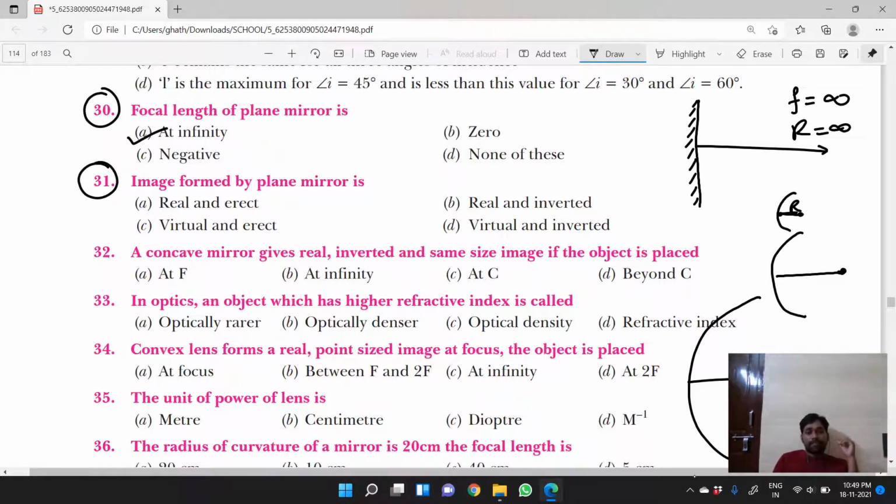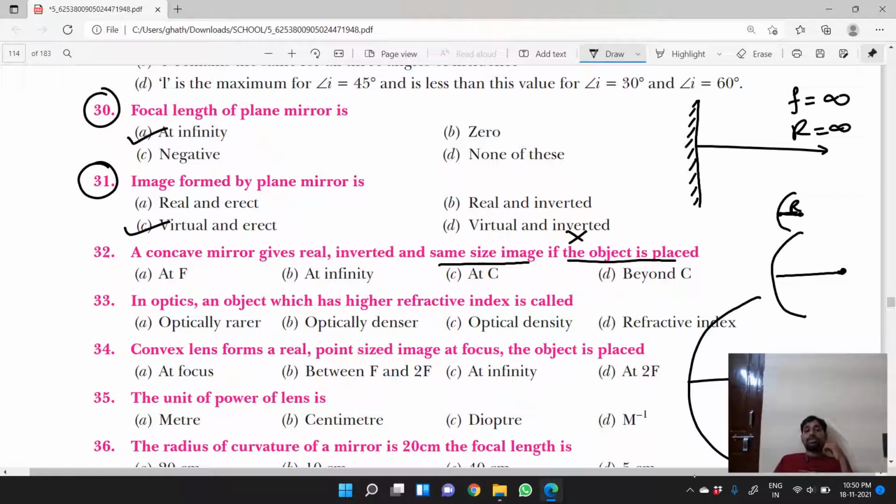Next, the image formed by a plane mirror is always virtual and erect, not virtual and inverted. Next, a concave mirror gives a real, inverted image of the same size as the object. In the previous video I explained clearly all the cases of the concave mirror.